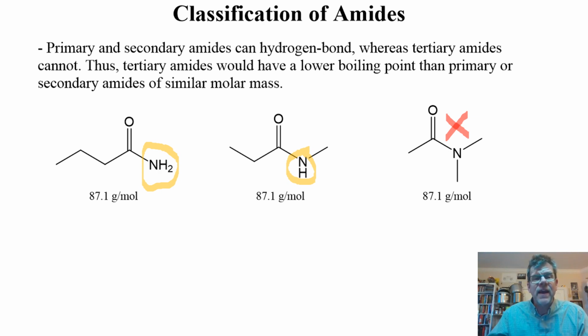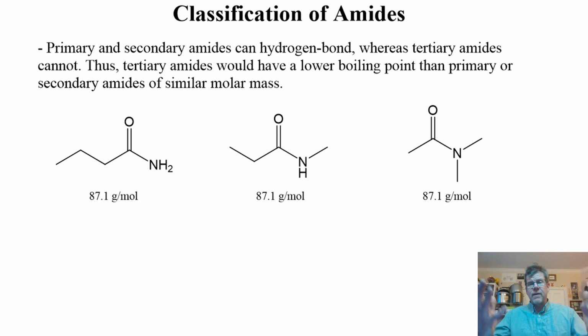So if you have NH bonds, you're probably going to have stronger forces holding those particles together than if you did not have NH bonds on the molecule. So thus, we can really do a good boiling point comparison now of amides, depending on whether they have NHs on their structure, in the cases of primary and secondary amides, or no NHs in the cases of a tertiary amide.